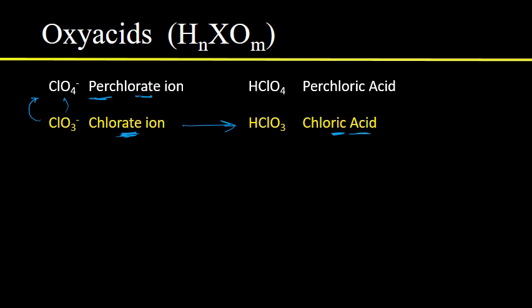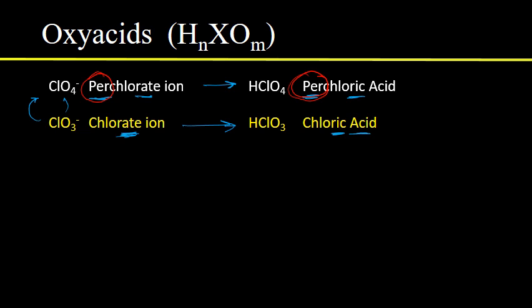So if we take that perchlorate ion and form the corresponding acid, the name for the acid is now perchloric acid. And you can see there's a parallel here in the name of the oxyanion. We added the prefix per, and in the name of the corresponding acid, we also added the prefix per. So there's a parallel there.